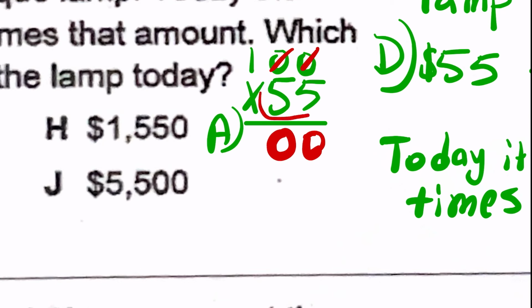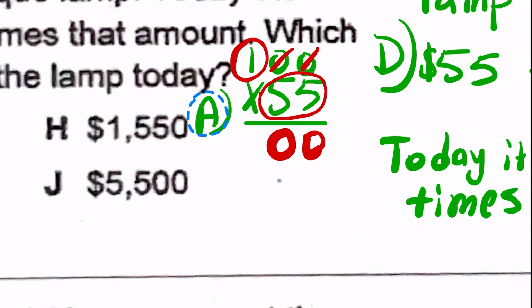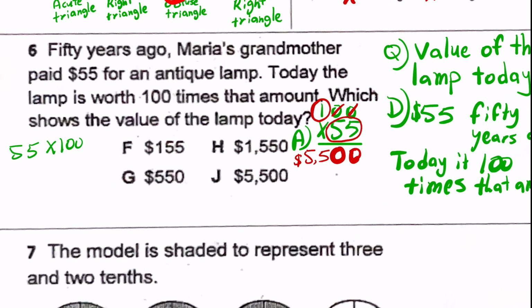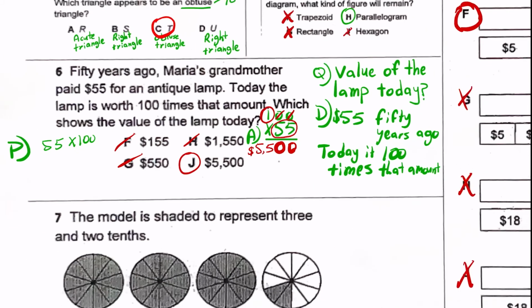And then we circle everything else, which is 55 and 1. So 55 times 1 is 55. So we're going to put here 55. So the answer for number 6 is 5,500, which is J.